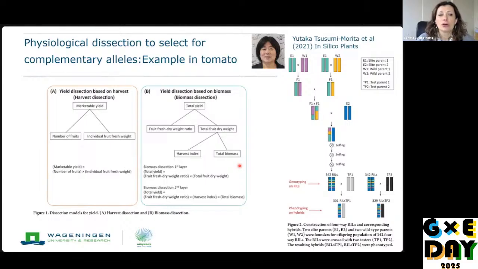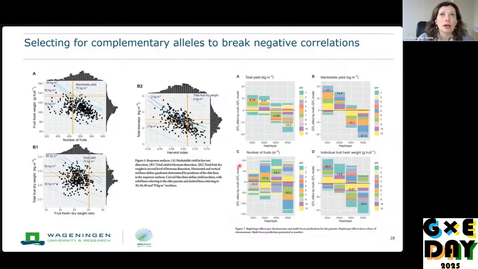Well, because complex traits obviously have a complex physiological basis, and many times we have negative correlation or trade-off. For example, if we increase the number of fruits, it also happens that we get smaller fruits. If we have a larger value for fruit fresh to dry weight ratio, we also have less total fruit weight.